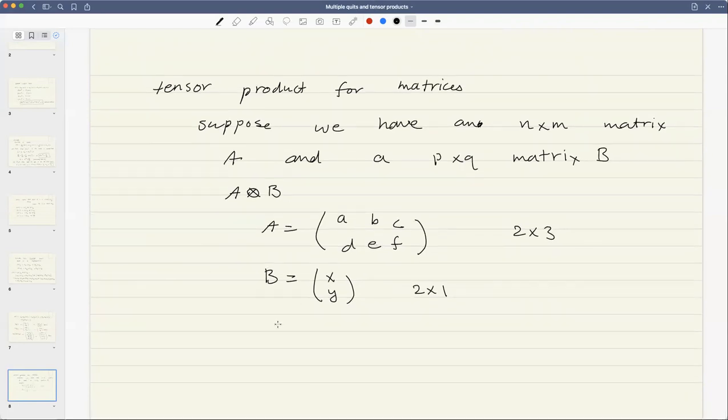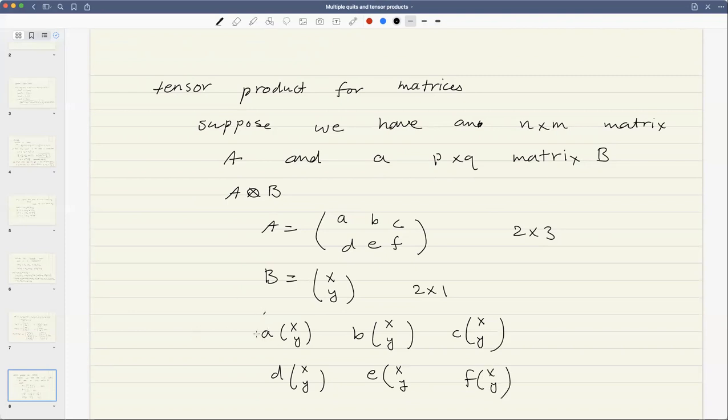So the way I would do it is I would write A times XY, B times XY, C times XY, D times XY, E times XY, F times XY. So this is going to be A tensor B, and then I get rid of all the internal parentheses.